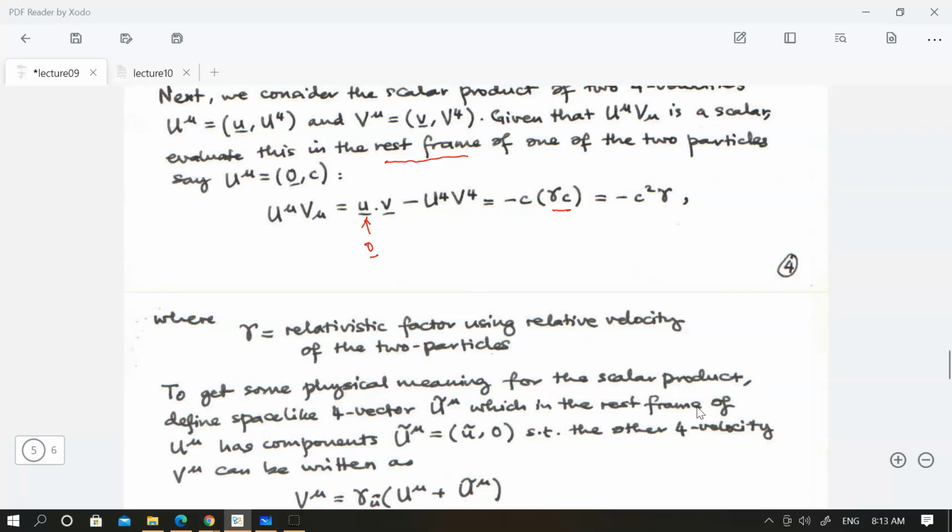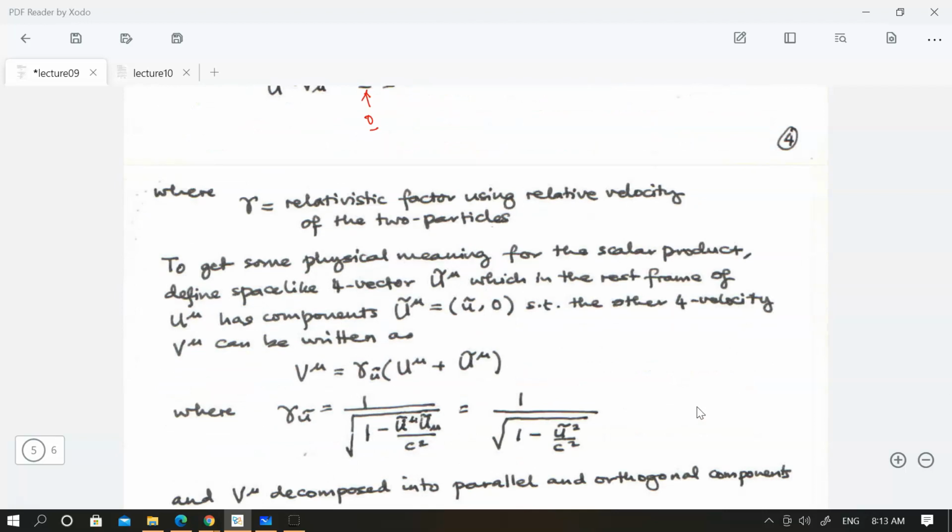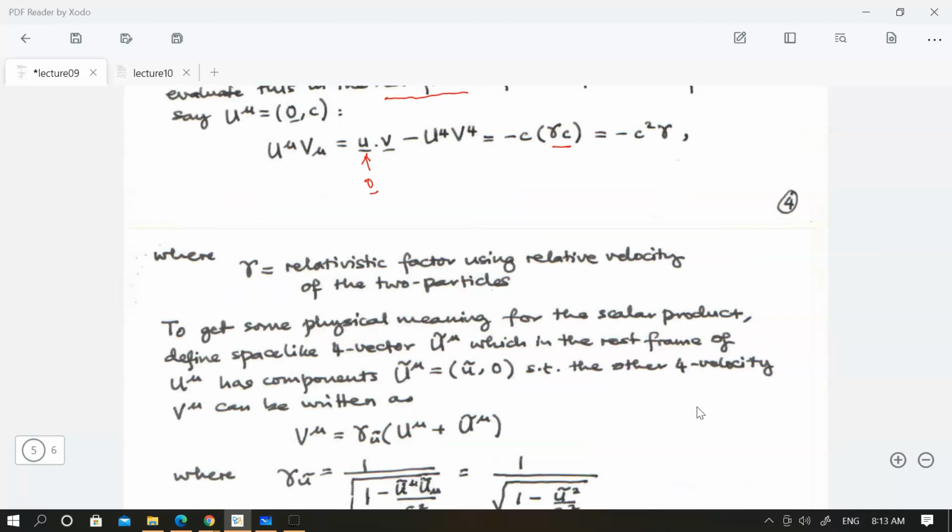Okay, and to understand this properly, you might want to consider, for example, how the four velocity of v mu is with respect to the four velocity of this sort of reference particle. So this four velocity of v mu will have components which are going to be, you remember, just ordinary vector decomposition.